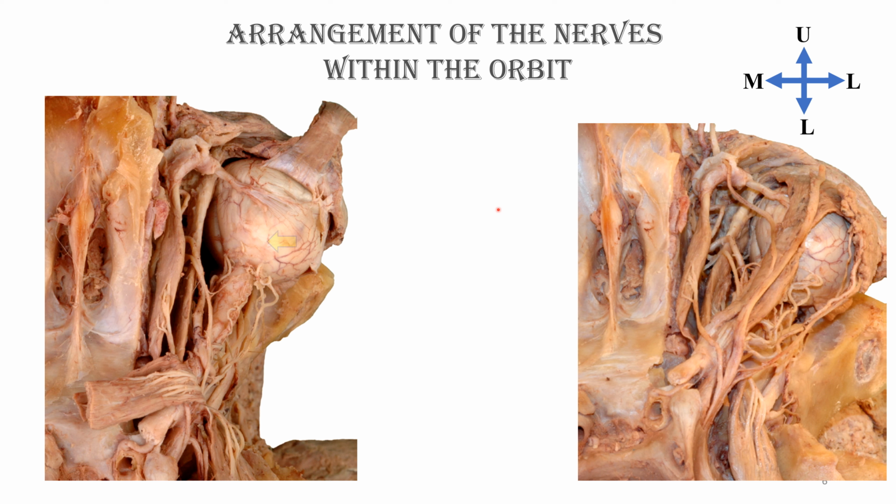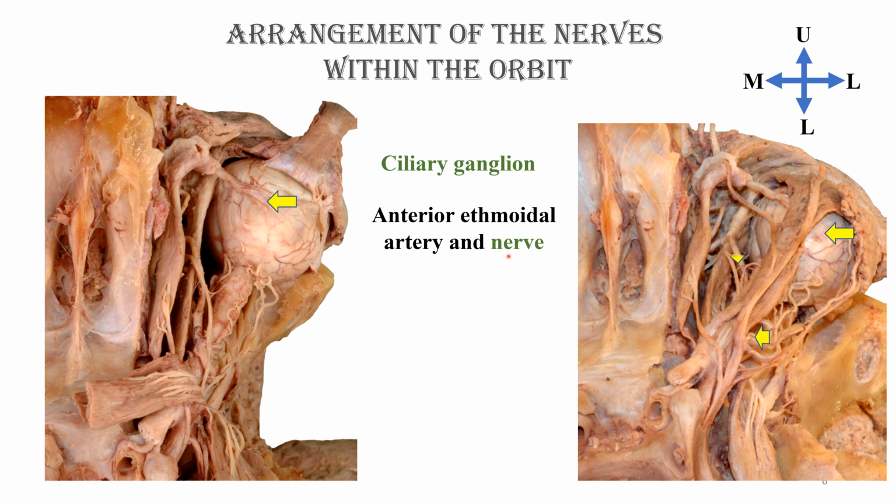Here, that is the eyeball here and here, still lateral and medial, as we can see. That is the ciliary ganglion here, which is attached to the oculomotor nerve, anterior ethmoidal nerve, anterior ethmoidal artery here, the frontal nerve, which passes above the levator palpebrae superioris muscle, directly under the bony roof of the orbit.